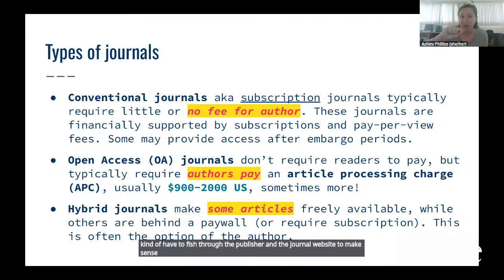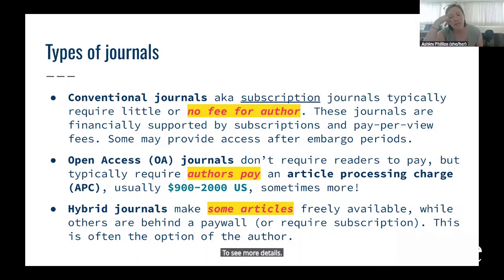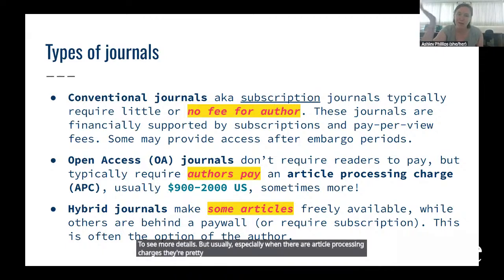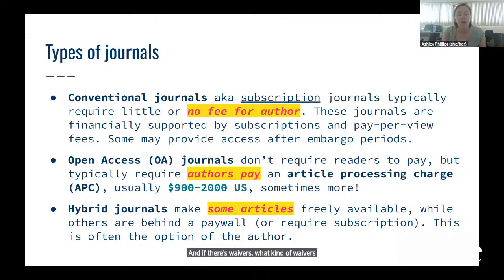Sometimes you might even have to go into the manuscript submission system to see more details. But usually, especially when there are article processing charges, they're pretty upfront about that, because they know that you need to know, before you go forward with this, what kind of costs are we talking about? And if there's waivers, what kind of waivers are we talking about? So it can be a little bit tricky to find.